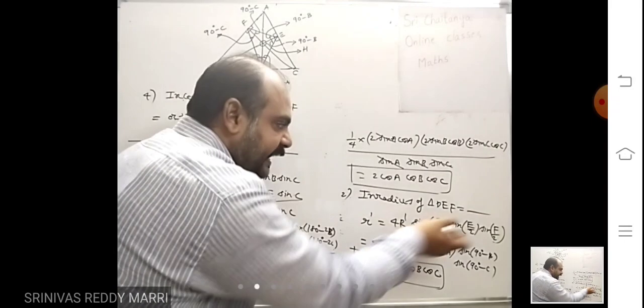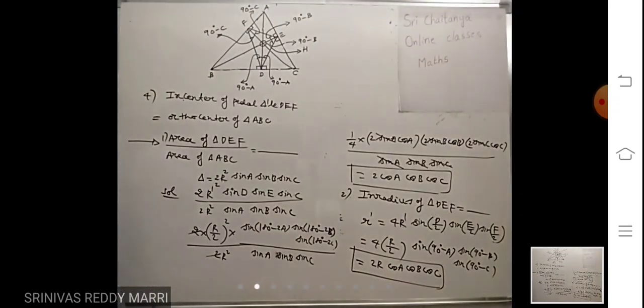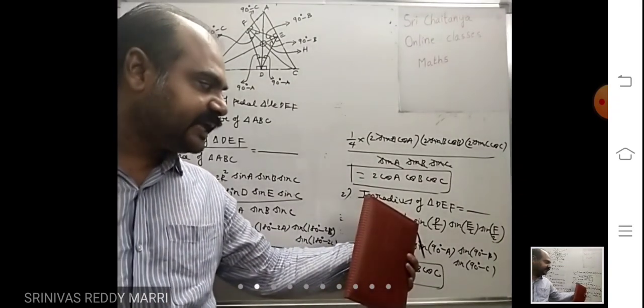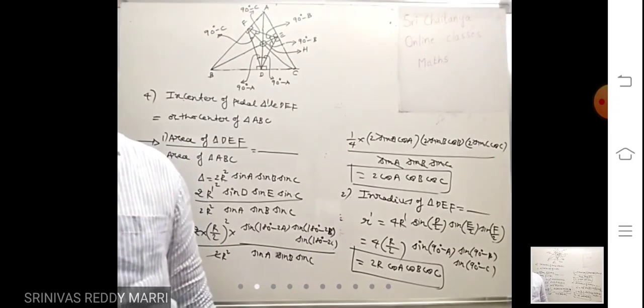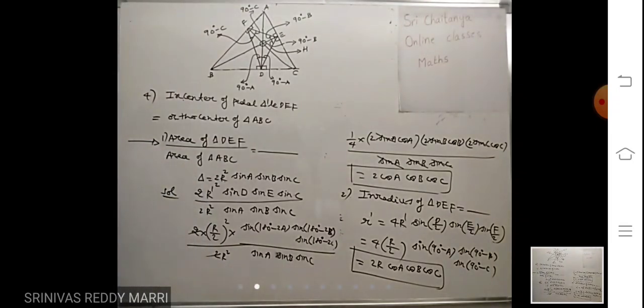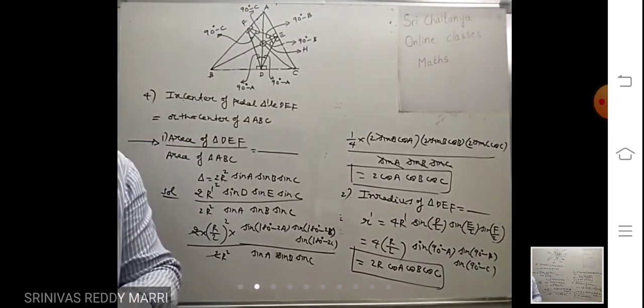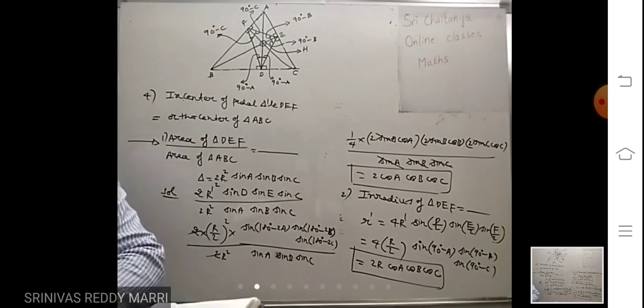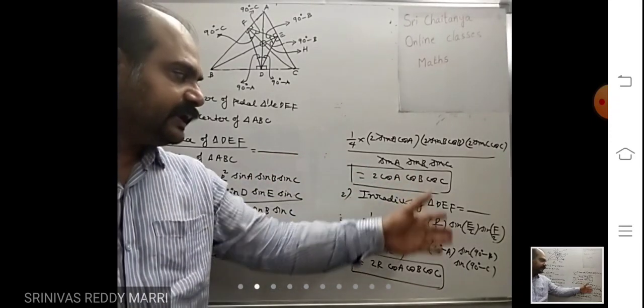Like that, if you substitute circumradius and angles, use the previous formula only. Just change the circumradius and the angles; the previous formula only we have to apply. So like that, anything he can ask.